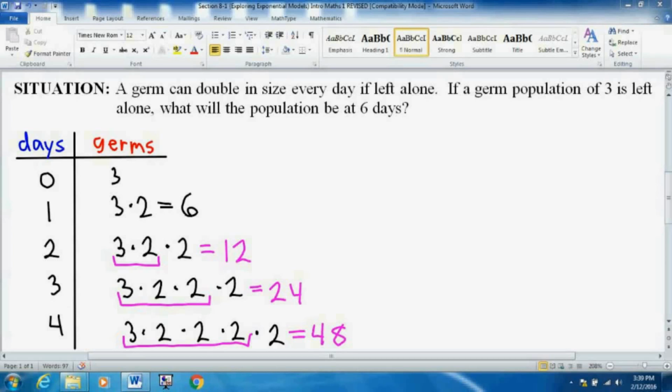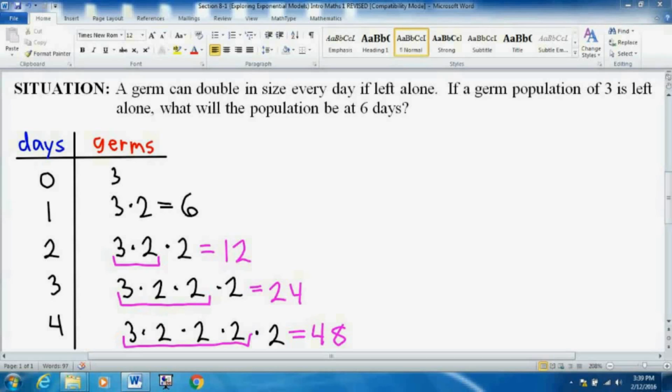What we begin to notice here is that we keep seeing a pattern where the number 2 keeps repeating. That is to say, we see the number 3 being multiplied by 2 after 1 day, the number 3 being multiplied by 2 times 2, the number 3 being multiplied by 2 times 2 times 2, and the number 3 being multiplied by 2 times 2 times 2 times 2.